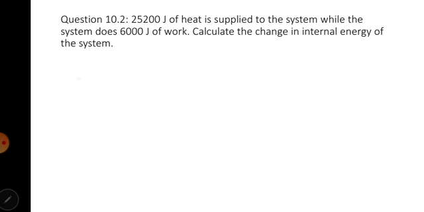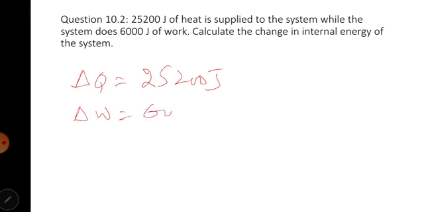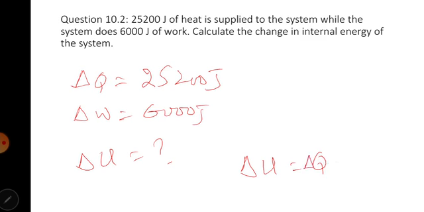So del Q is equal to 2520 joule, while the system does 6000 joule of work. Del W is equal to 6000 joule of work is done. Find the change in the internal energy, del U. So the equation is del U is equal to del Q minus del W. You will get the answer.